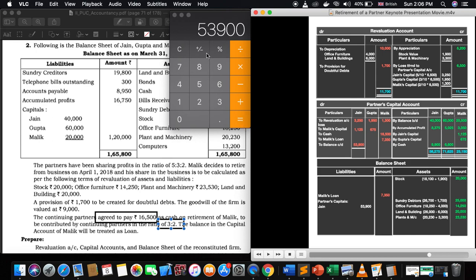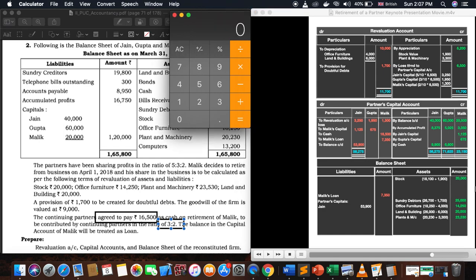We'll do the same thing, and now we'll total it because Jane's side is over. We total these three values, you get this value. Now we'll do the same thing to find the new capital of Gupta, by taking this 71,625 and minus from these two values. This is the revaluation loss, and this is the goodwill amount which he has to pay to Malik.